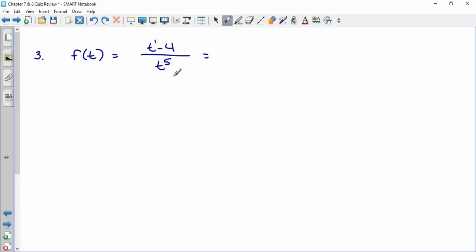So when you do that, t to the first over t to the fifth, you subtract those exponents. So 1 minus 5 is minus 4, so minus 4 over t to the fifth. That would be 4t to the negative 5. So then my derivative, f prime of t. Exponent comes down, negative 4 comes down.